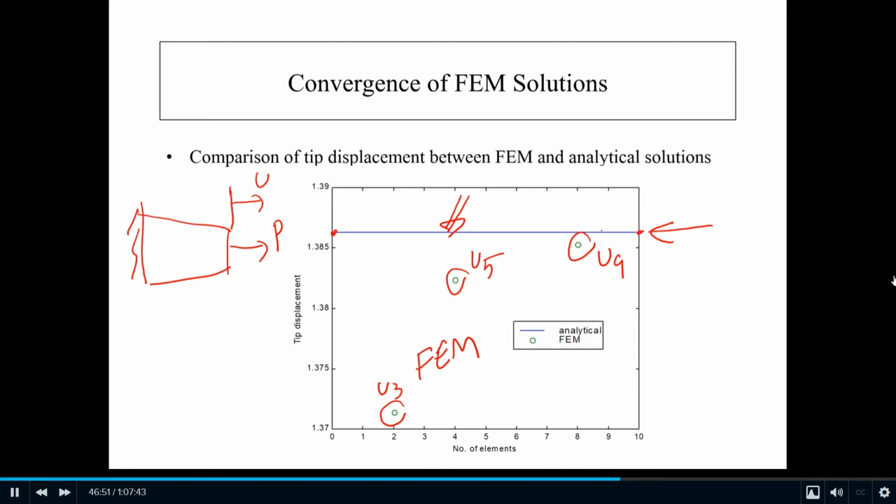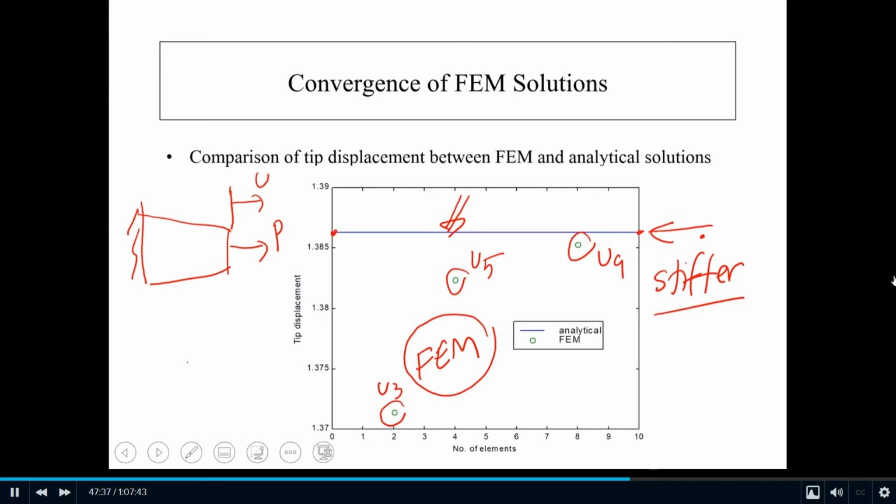If you increase to maybe 20 elements, it may go to here, but it's still maybe less than the exact one, which is possible because it looks like your FEM model is stiffer than the actual model. It's stiffer. So sometimes you may see this in this kind of simulation method, it gives you a stiffer model.